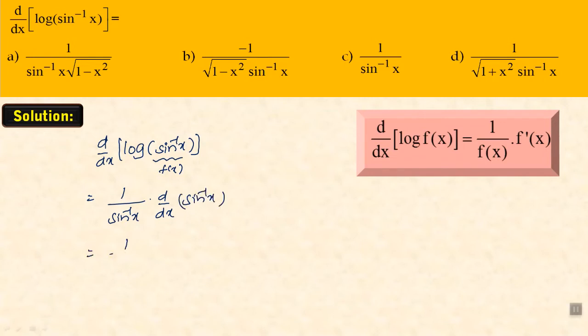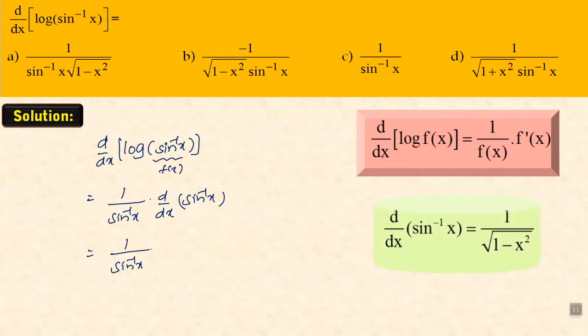This equals to 1 by sine inverse x into d by dx of sine inverse x is equals to 1 by root of 1 minus x square. This equals to 1 by sine inverse x into root of 1 minus x square. Therefore, the answer is option A.